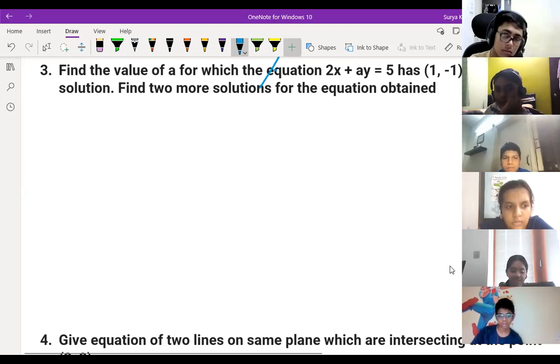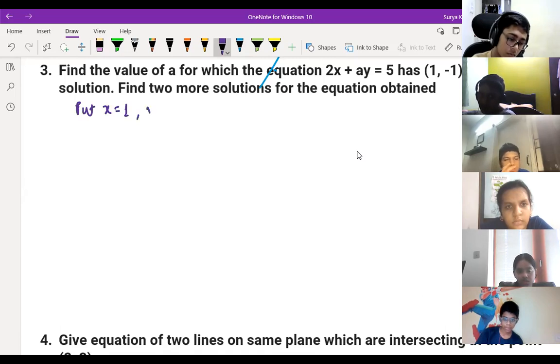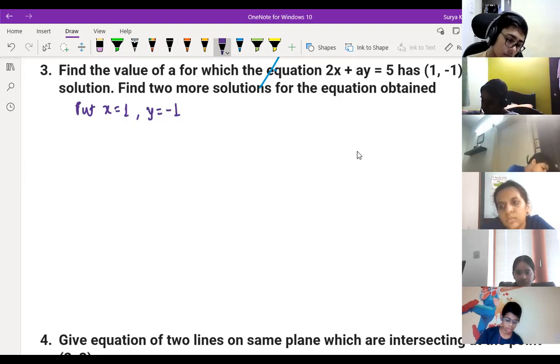Yeah, it's very easy to find, right? Sir, but the value of a will change as the x and y values change, right? But here they have given the solution. Yeah. You find the value of a for which the equation has this solution. So at this value, this will be 5 only.